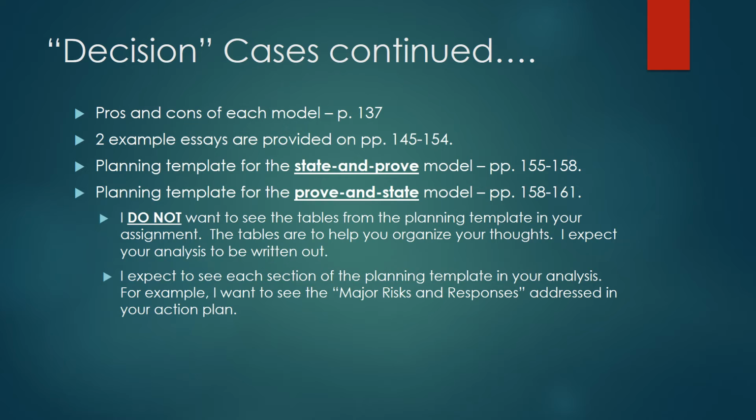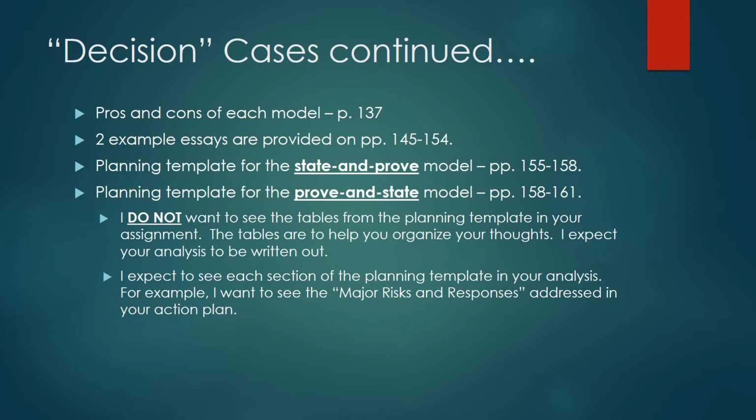What we do see, though, on pages 145 to 154, there are two sample essays that are provided for you. And each of the essays, there are one state and prove essay and one prove and state model. So you can look and see what type of format works better for you, as well as fits the case a little bit better.